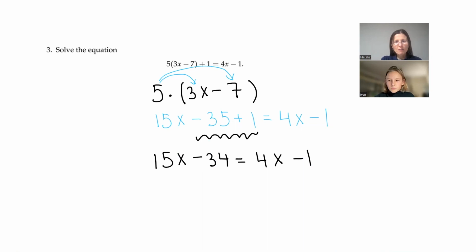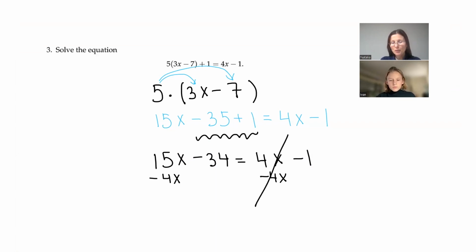So all terms with x should go to the left because 15 is bigger than 4. And all terms without x should go to the right. How do we move terms around? How do we move 4x to the left? We would basically just subtract 4x from both sides. Subtract 4x.